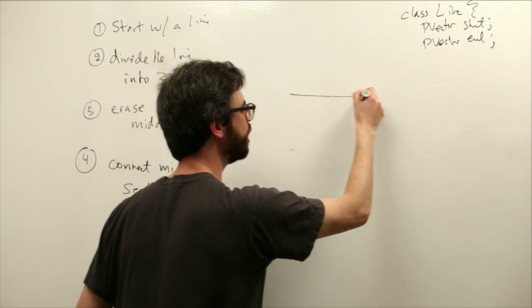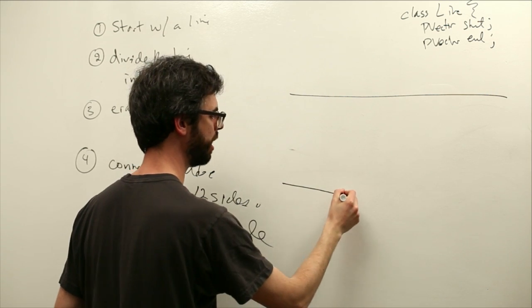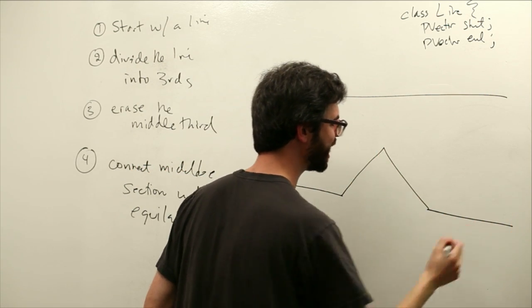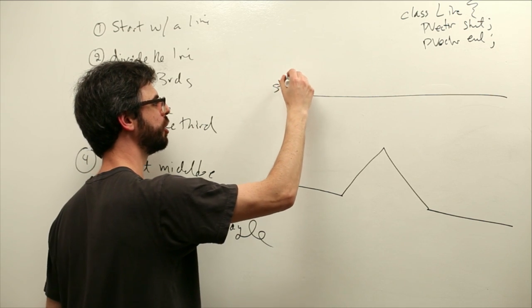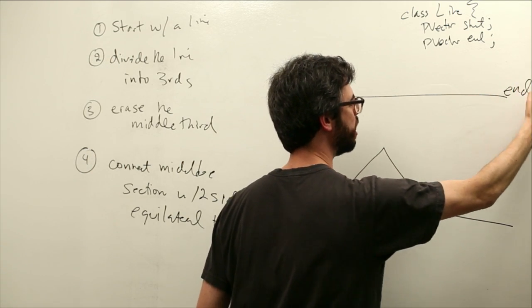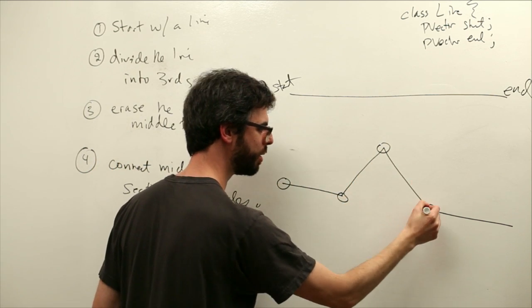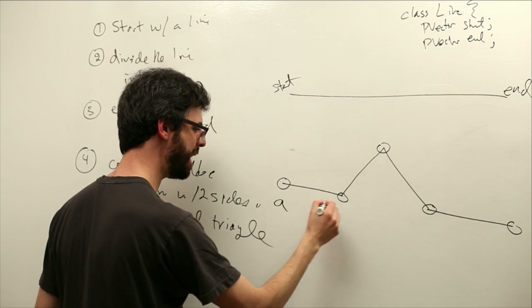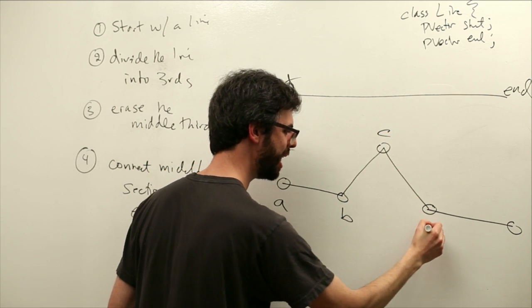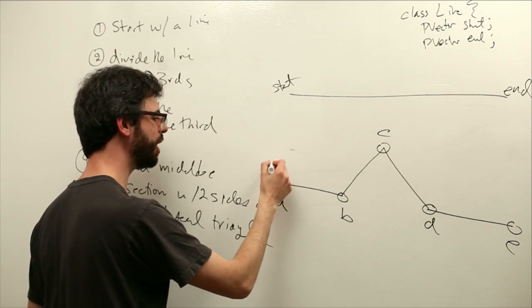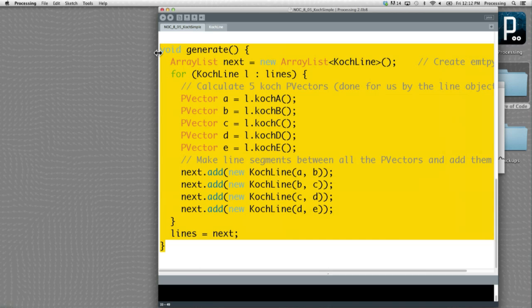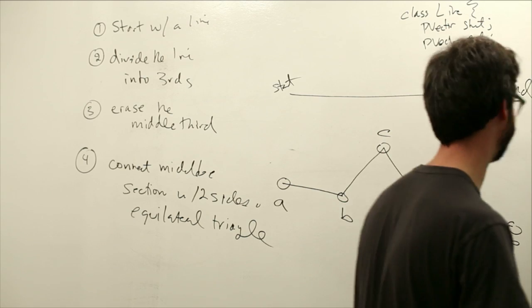If this was our original line, and this is what we're going to get, right? This is start, and this is end. And what do we need to make these 4 line segments? We need all of these points. So we need to calculate A, B, C, D, and E. And we can call this, I don't remember what I said in the code, A, B, C, D, and E. Okay, that's all I did.